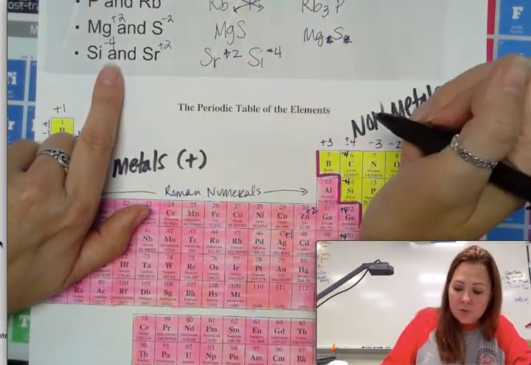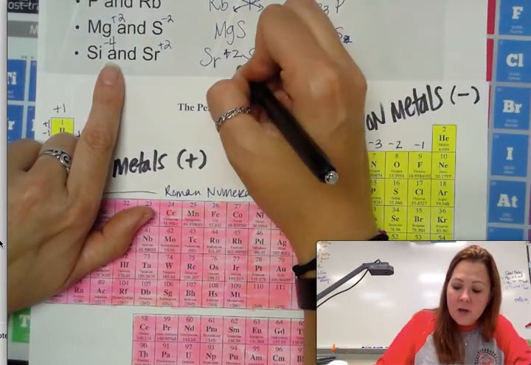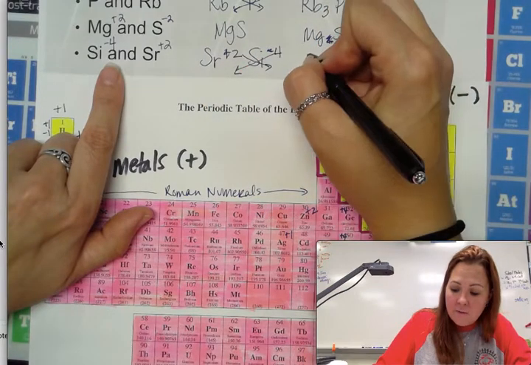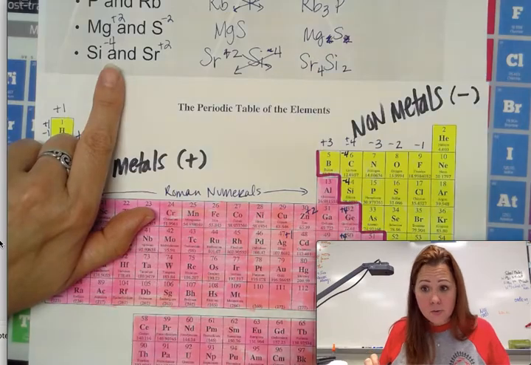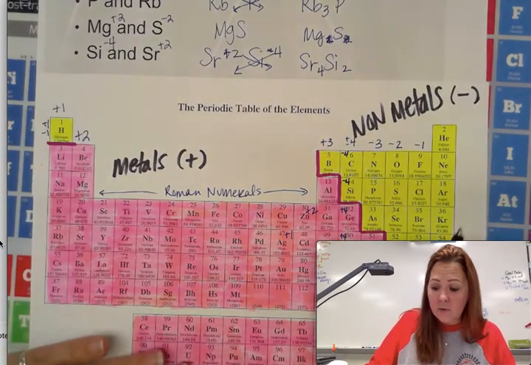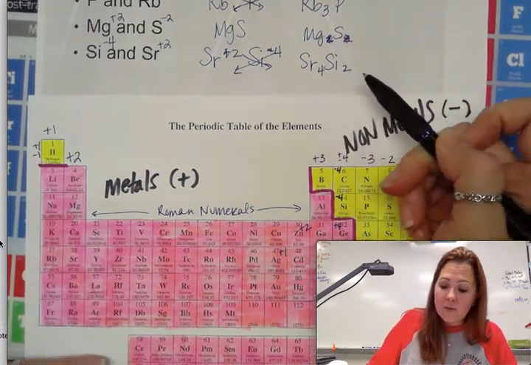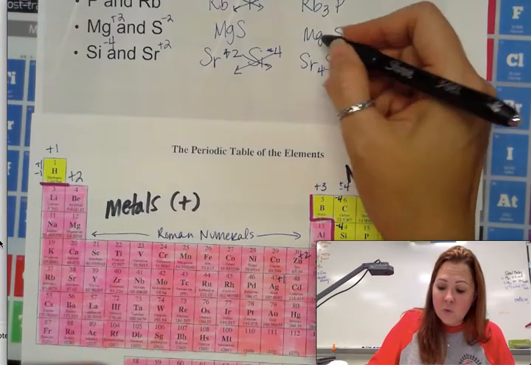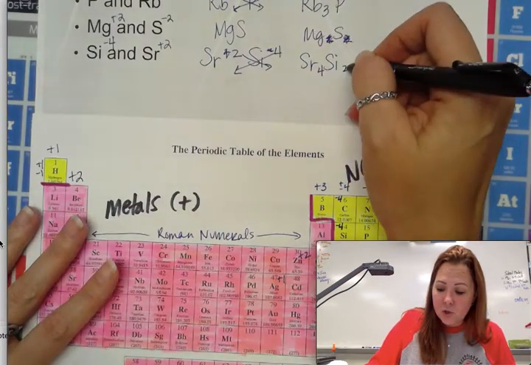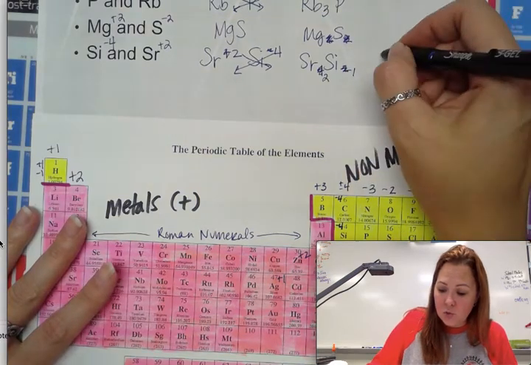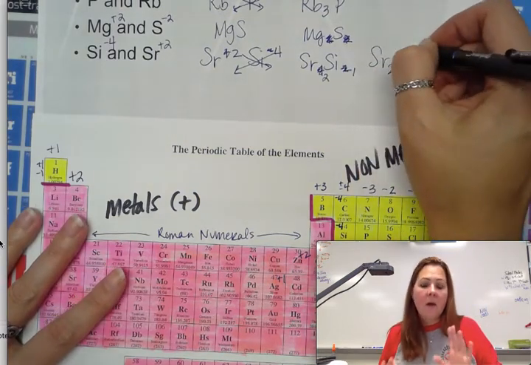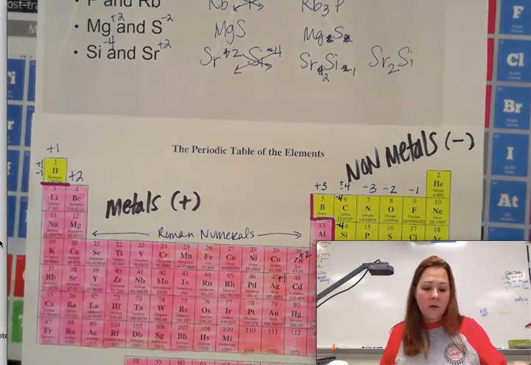The 2 drops over here, the 4 goes over here. So you have Sr4Si2. Those numbers can get reduced down. You have a 4 and a 2. So if we need to reduce it down, this 4 divided by 2 is 2. 2 divided by 2 is 1. So you'd have Sr2Si.